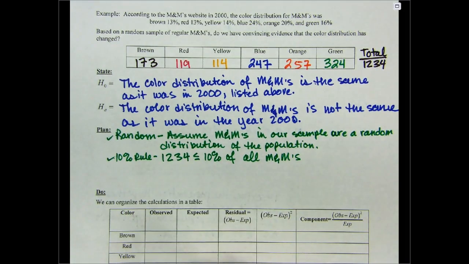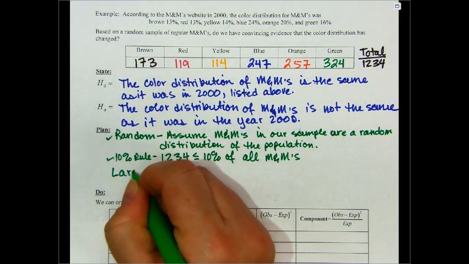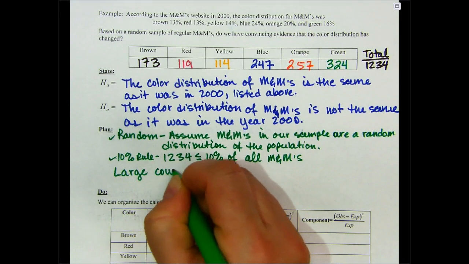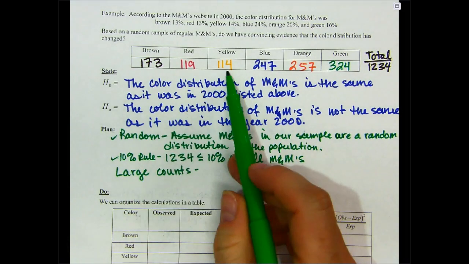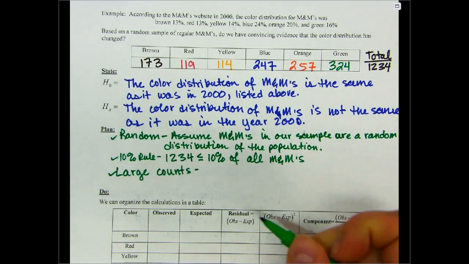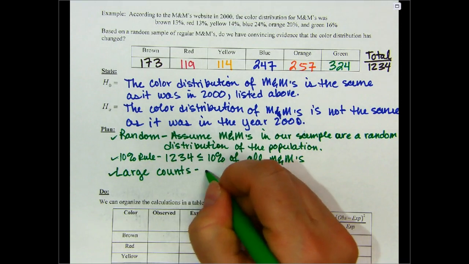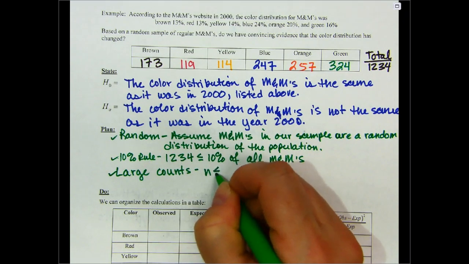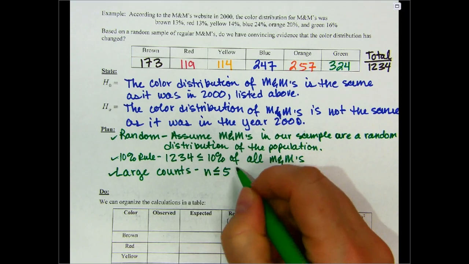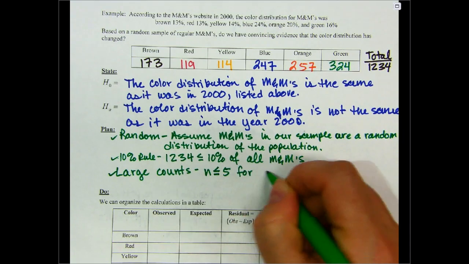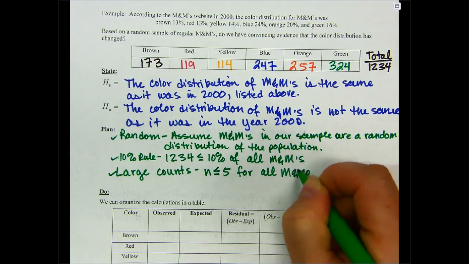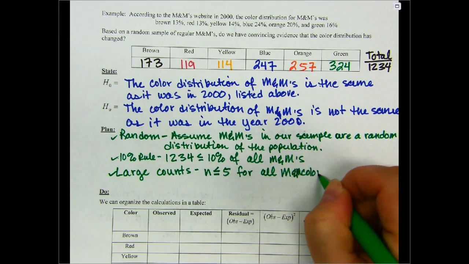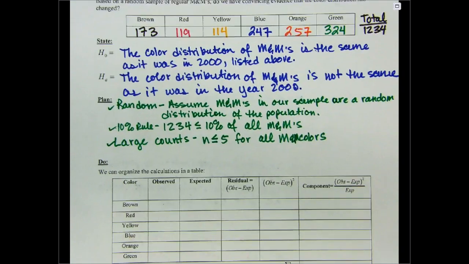Next, large counts. Do we have more than 5 samples in every category? Yes, the smallest one is 114, which is definitely greater than 5. So we're going to say n is greater than or equal to 5 for all M&M colors.